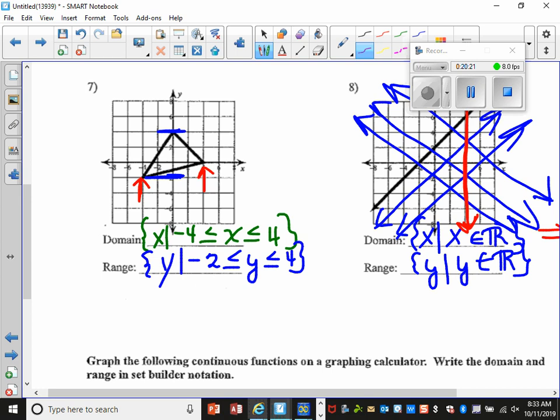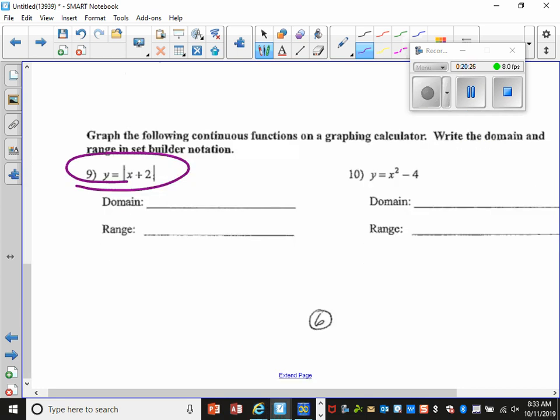Now, what if you are given an equation, and you will be given this, and it asks you for the domain and range? What do you think you could do since you have a nice graphing calculator? Graph it, okay? So how do you get to the absolute value on the calculator? Who remembers? Math.